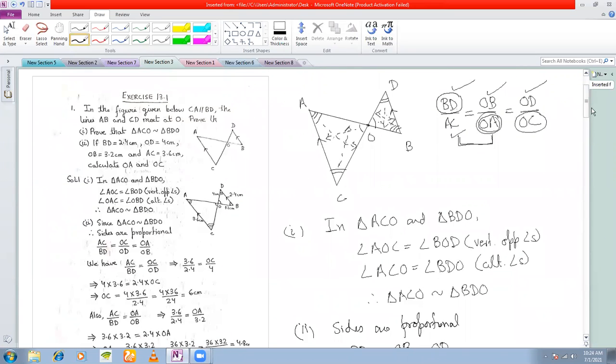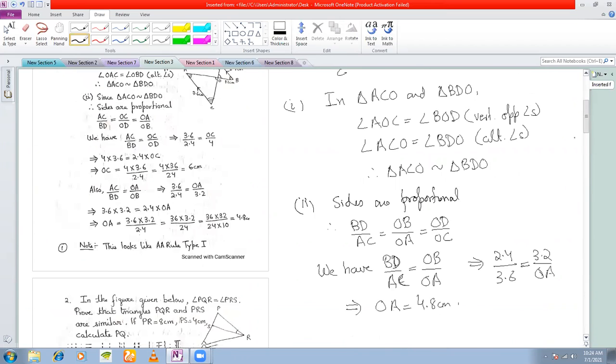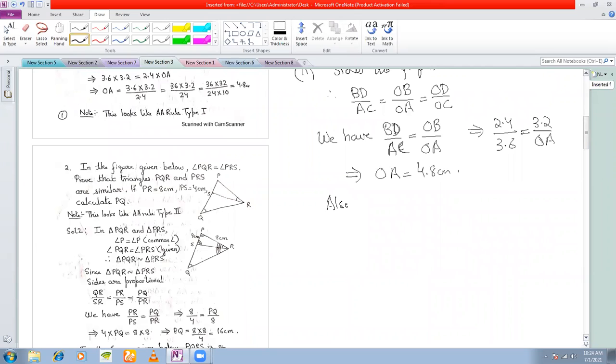Next, what is the next length that we have to find out? We have to find out OC, right? In order to find OC, we can take the first and the third, because you know this, and you know this. Also, BD by AC is equal to OD by OC. Now you put the values.